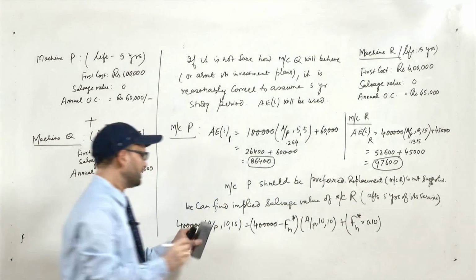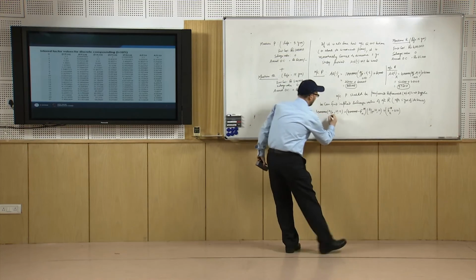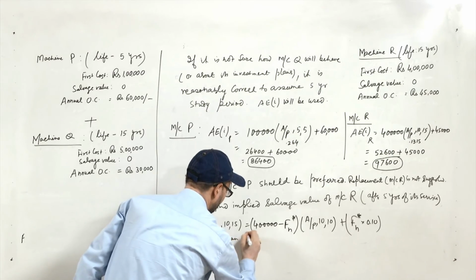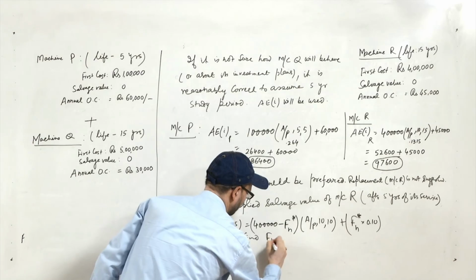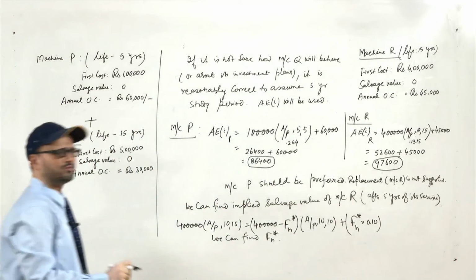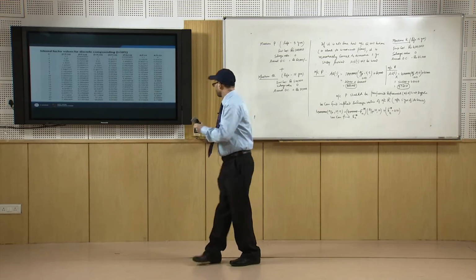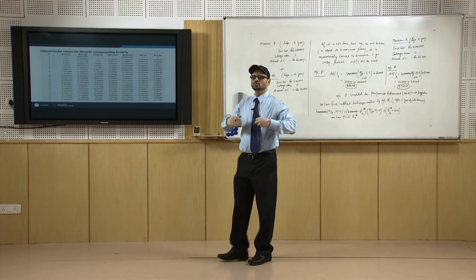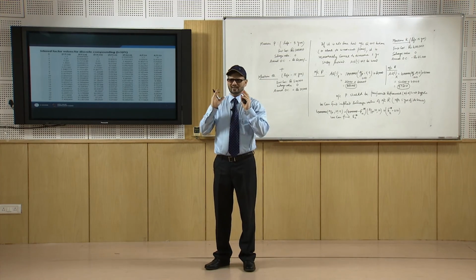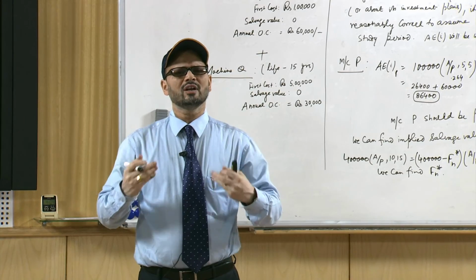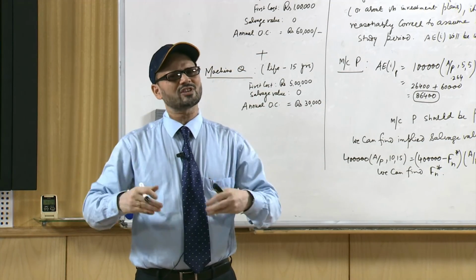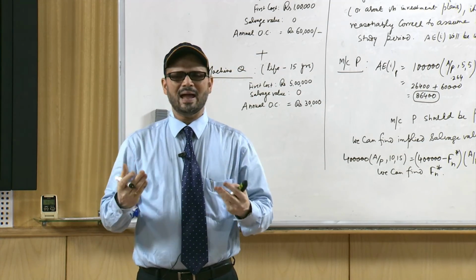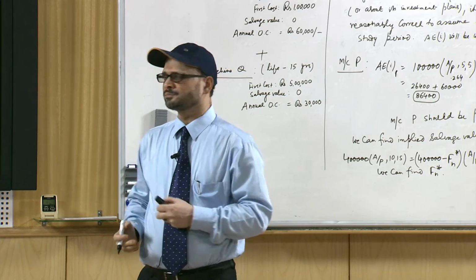So, by solving this equation we can find Fn star. So, this way you analyze the problems of such nature. You have seen that under different cases you have to deal by taking different study periods and you come to different conclusions. Thank you.